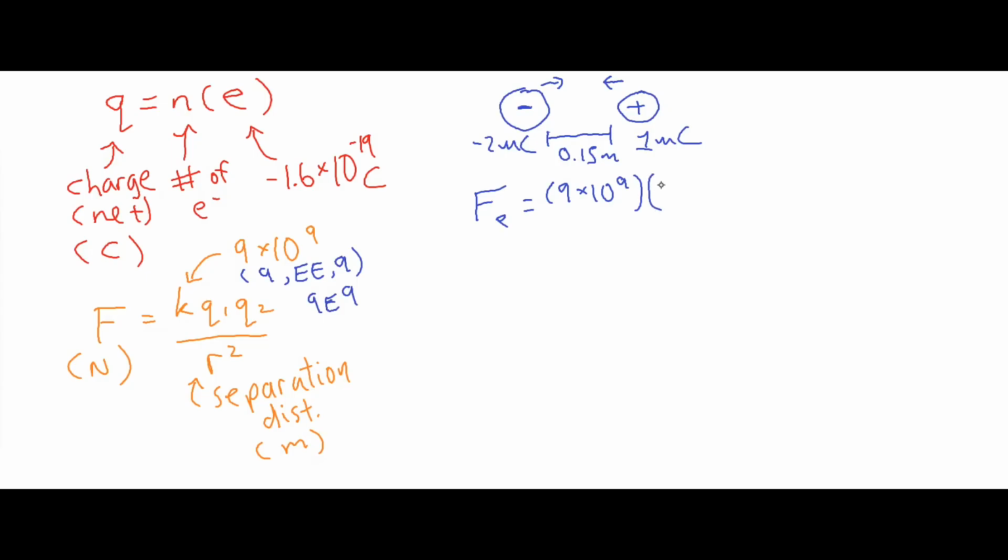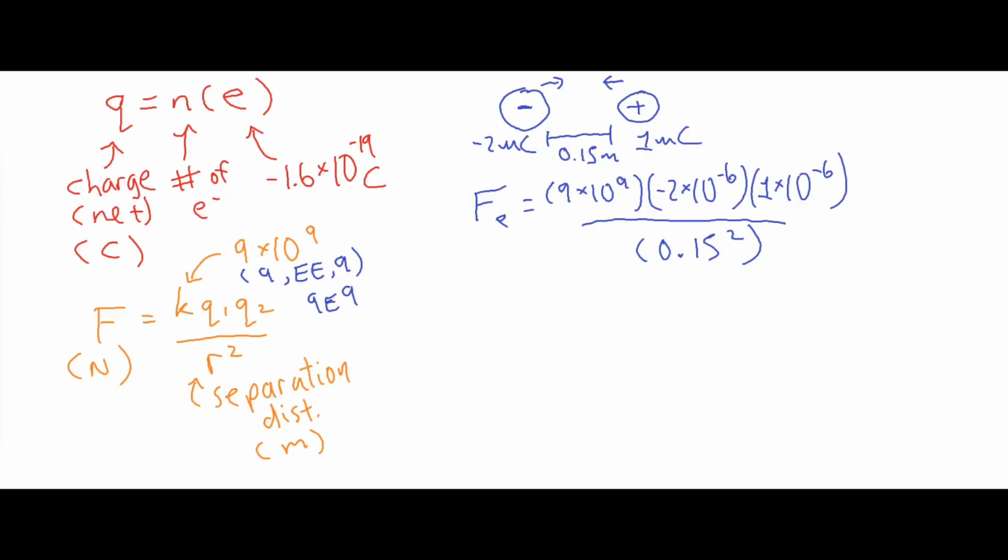And our Q1, negative 2 times 10 to the negative 6th, and 1 times 10 to the negative 6th. Both of those all over our separation distance, and remember that's an inverse square relationship, so we're going to have to square it on the bottom. What I typically do is multiply everything in my numerator, press enter, and then divide by the denominator squared.